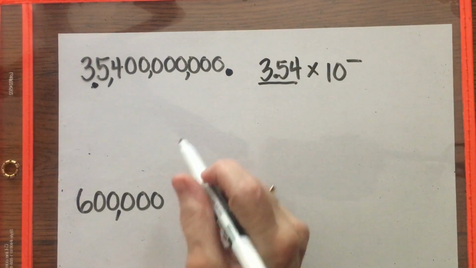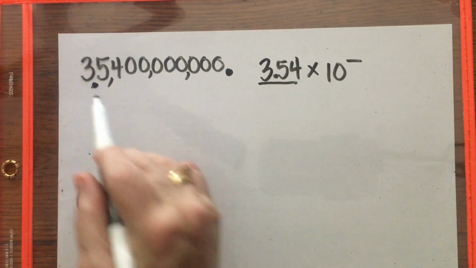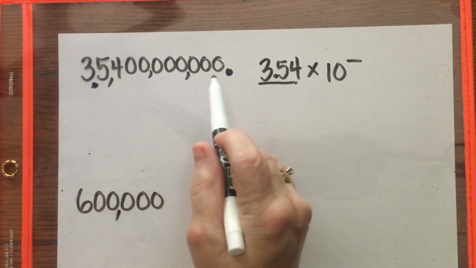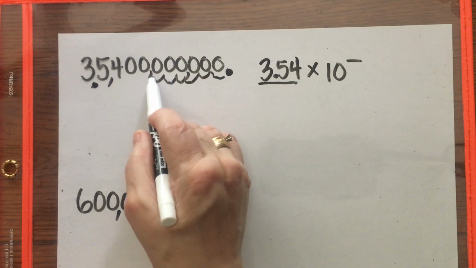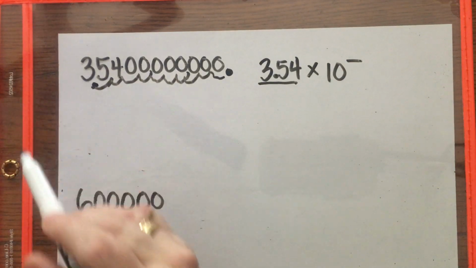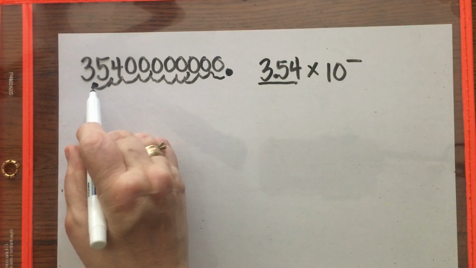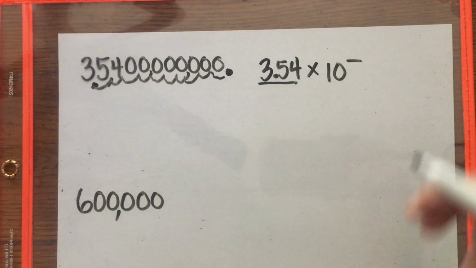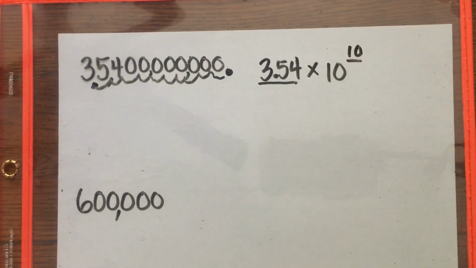And then I just count how many spaces it takes me to get to where my mantissa's decimal point is going to be, okay? So I just count. 1, 2, 3, 4, 5, 6, 7, 8, 9, and 10. Because I moved 10 places to get to my mantissa from my original decimal point, I get a 10.